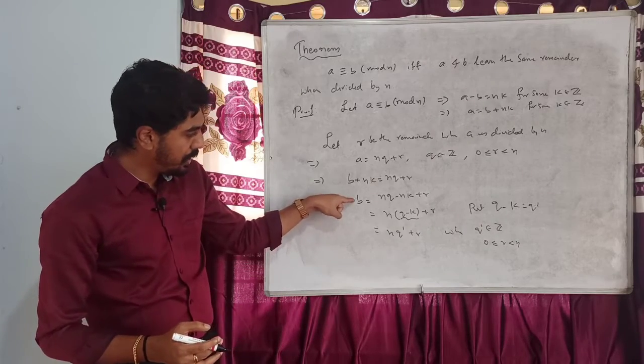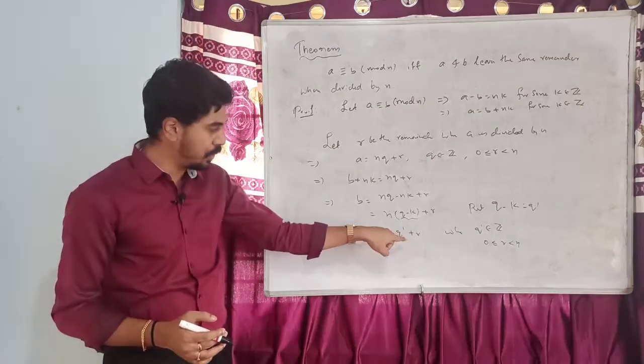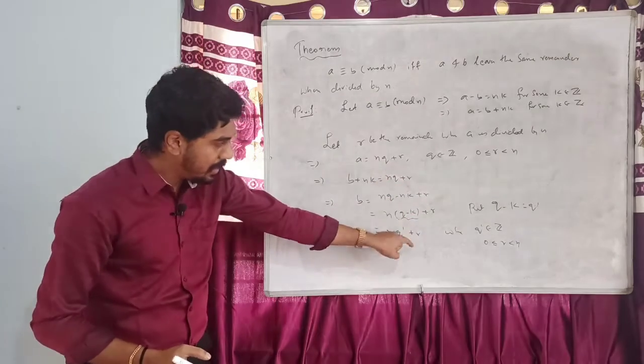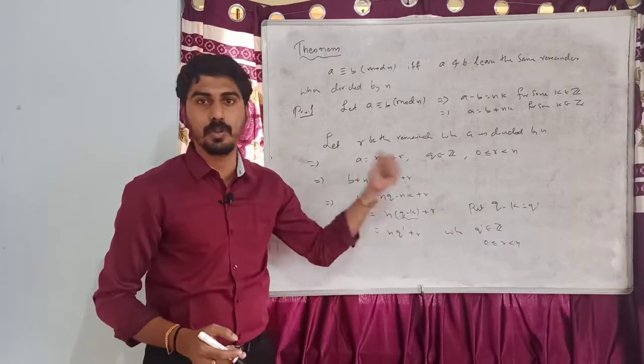So we have shown that B is equal to N Q dash plus R, where Q dash is an integer and R is less than N and greater than or equal to 0.